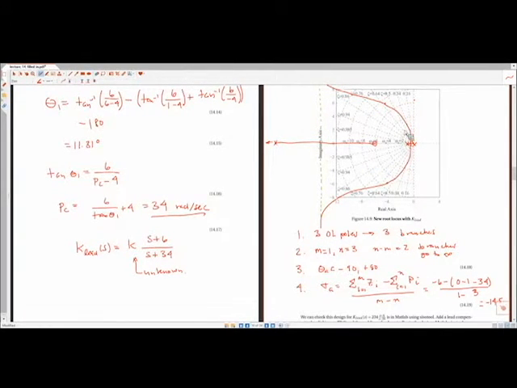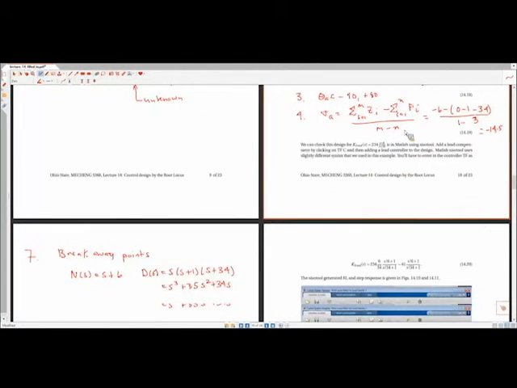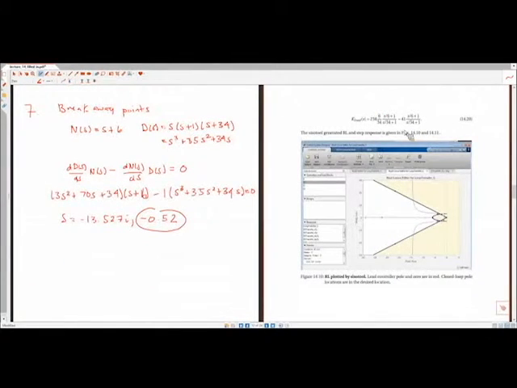This is a very geometric interpretation of the root locus plot. We know from previous lectures that the magnitude of g of s is equal to 1 over k. If this is true, that means this point is on the root locus.